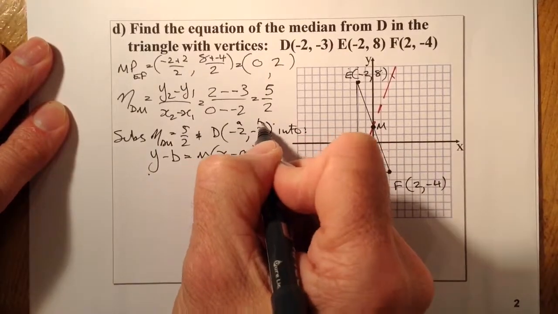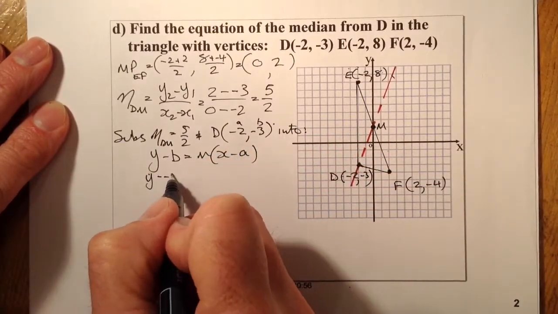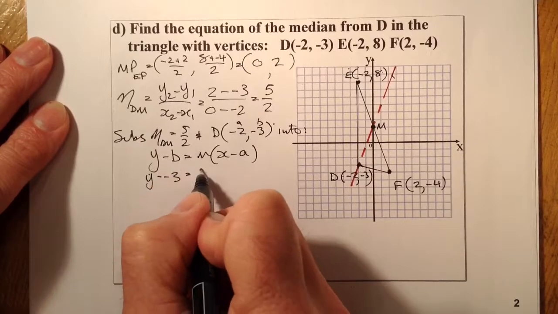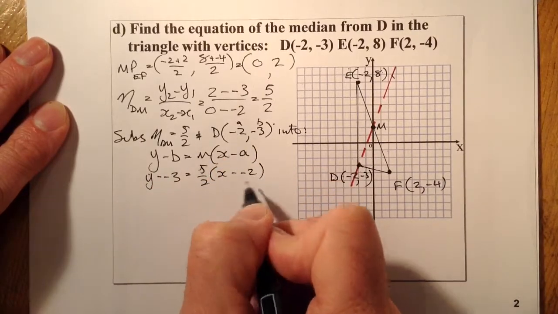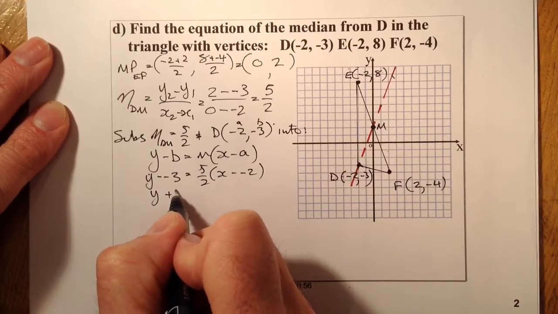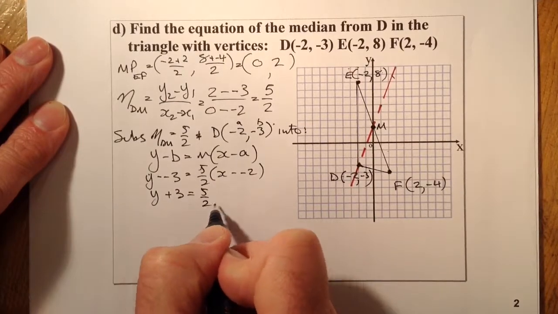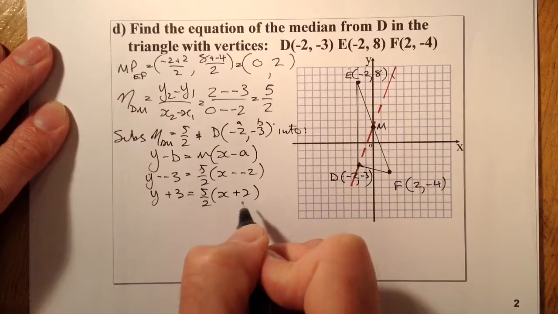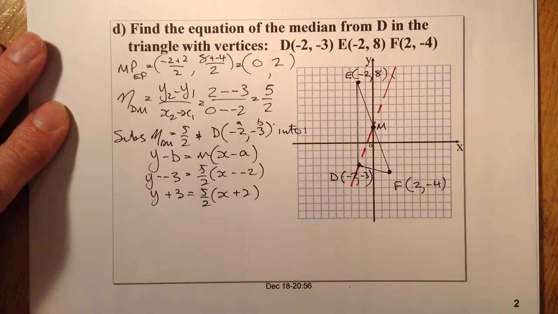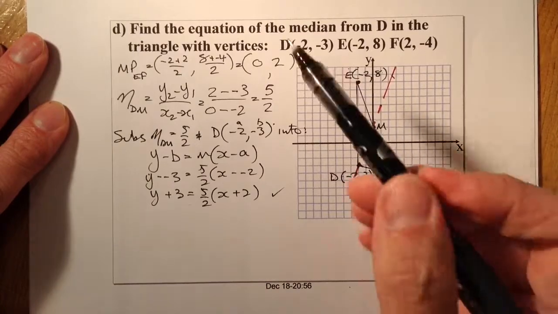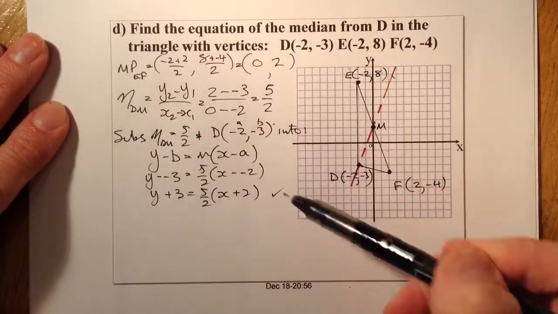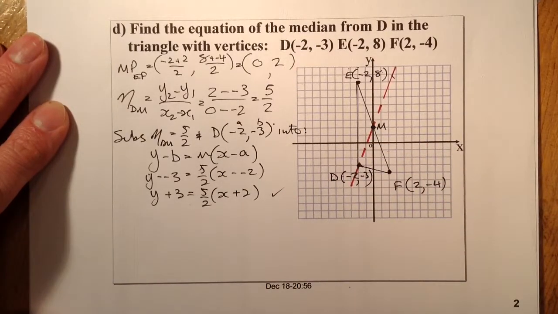There's my a, there's my b, so y minus minus 3 is equal to 5 over 2 times x minus minus 2. Let's just sort that out here with the negative signs. And that there should give me the equation of the median. So 1 mark here, 1 mark here, and a final mark for getting the equation in that form there.